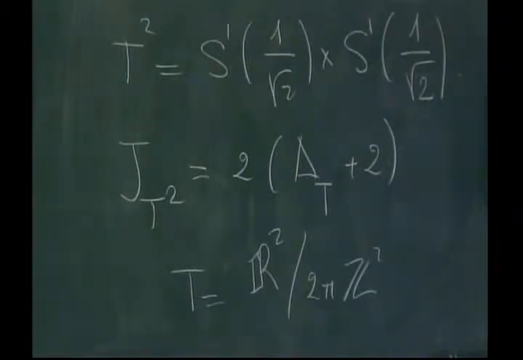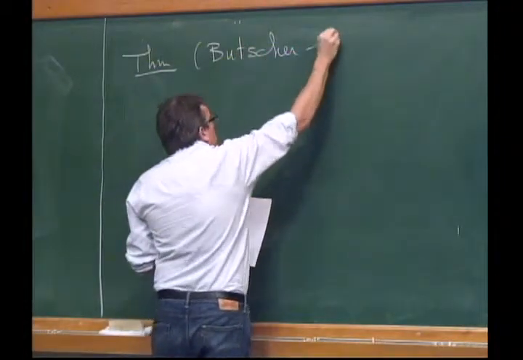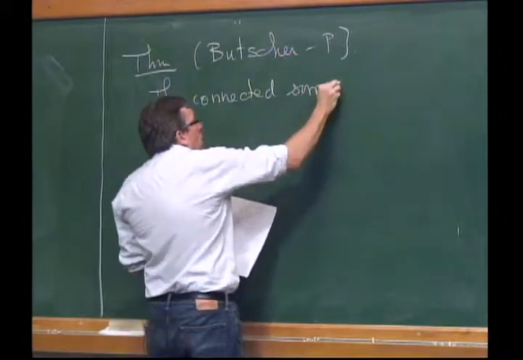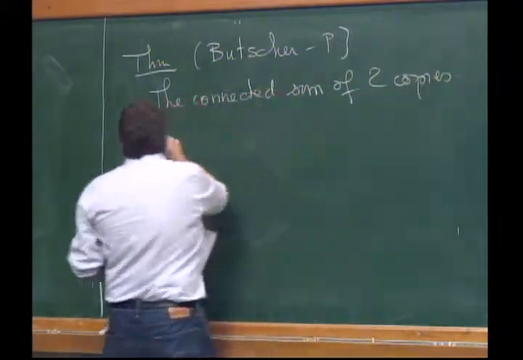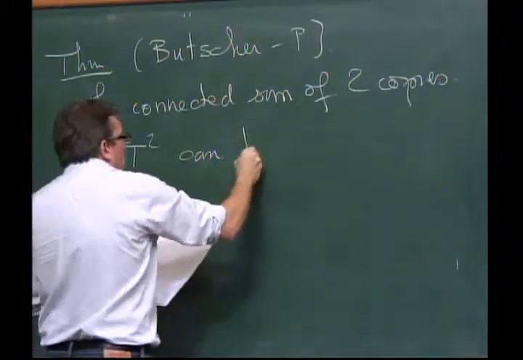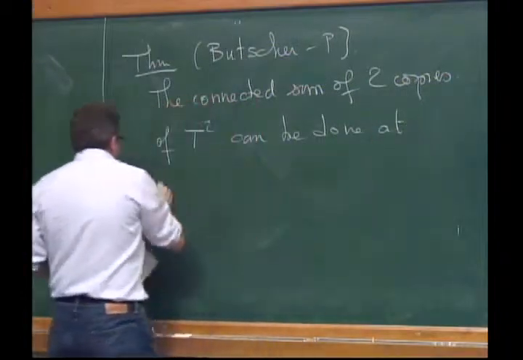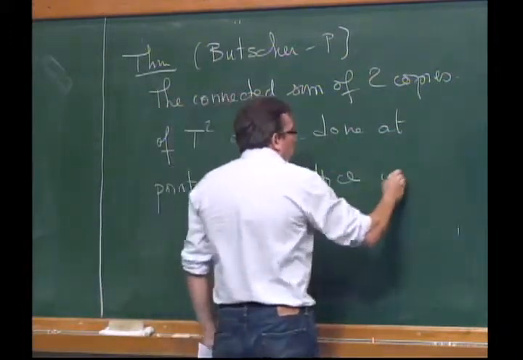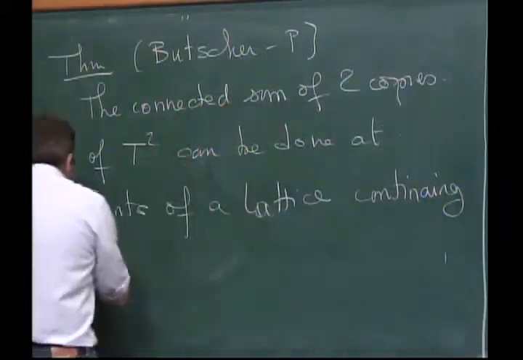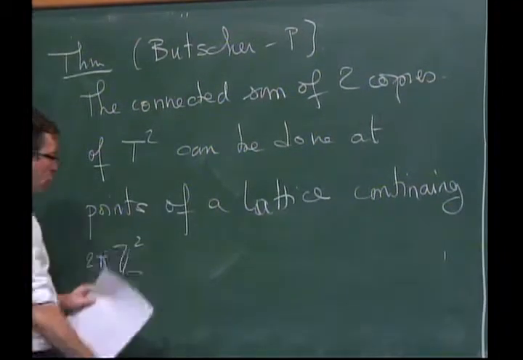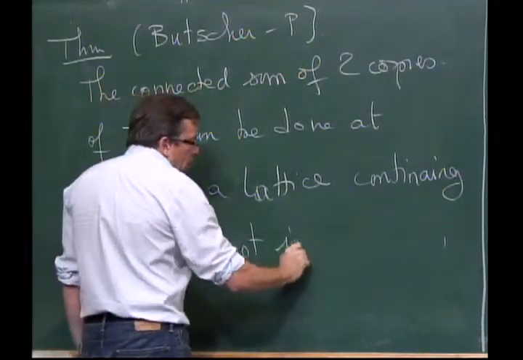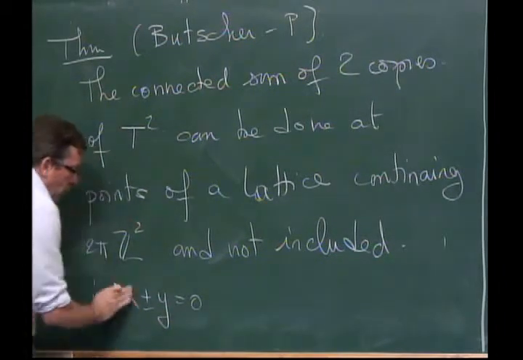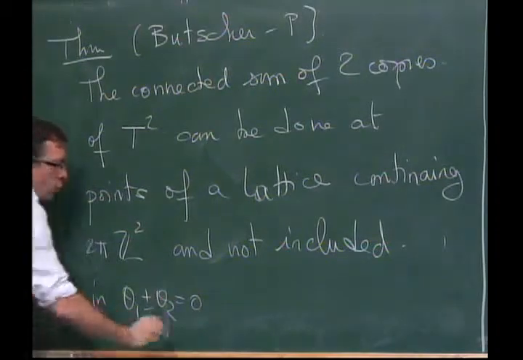So, theorem, Butcher and myself: the connected sum of two copies of the torus can be done at points of a lattice containing 2 pi Z squared, a regular lattice, not included in x plus minus y equal to 0, well, theta 1 plus theta 2 equal to 0 mod 2 pi.